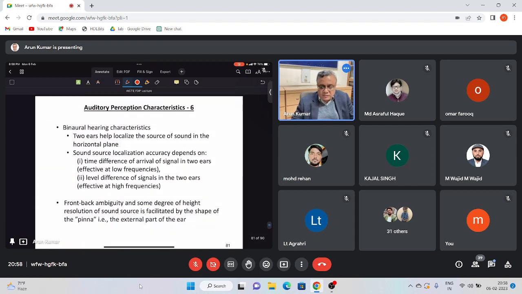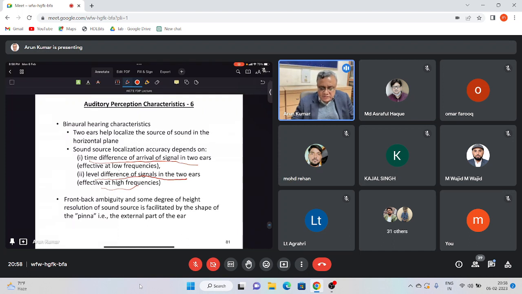Okay. Then auditory perception characteristics. So binaural hearing. Two ears help localize the source of sound in the horizontal plane. The sound source localization accuracy depends on either the time difference of arrival of the signal in the 2 ears, which is effective at low frequencies, or the level or amplitude difference of the signal in the 2 ears, which is effective at high frequencies.